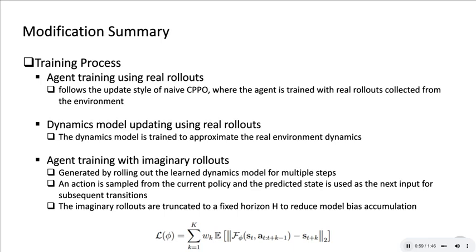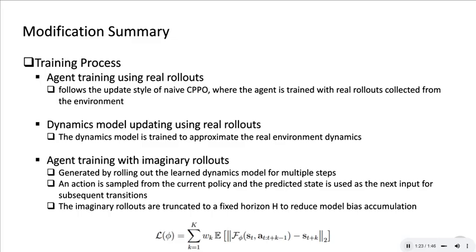It's a process where, starting from a current state distribution, imaginary trajectories are generated by rolling out the learned dynamics model for multiple steps. At each step, an action is sampled from the current policy, and the predicted state is used as the next input for subsequent transitions.